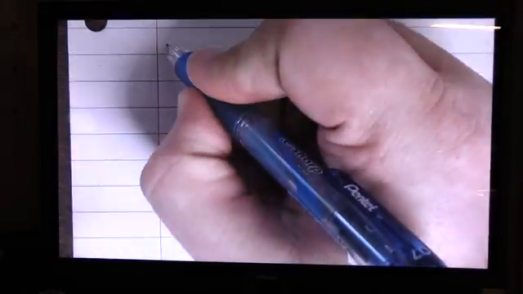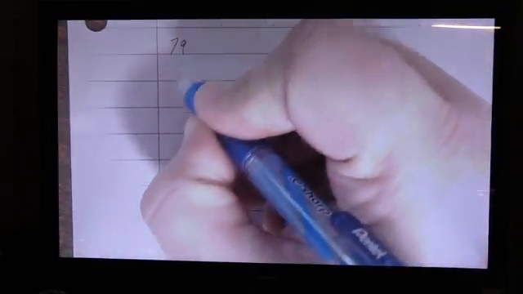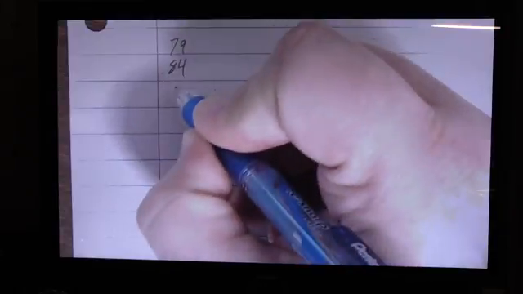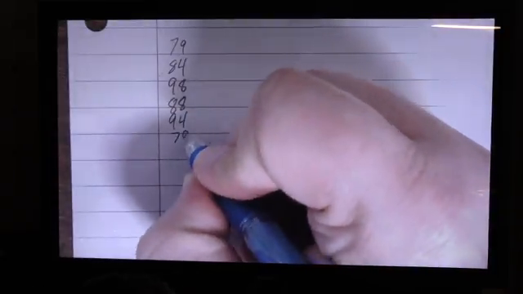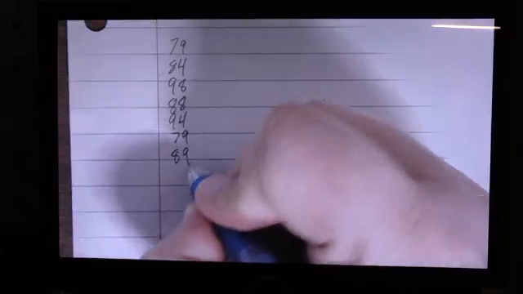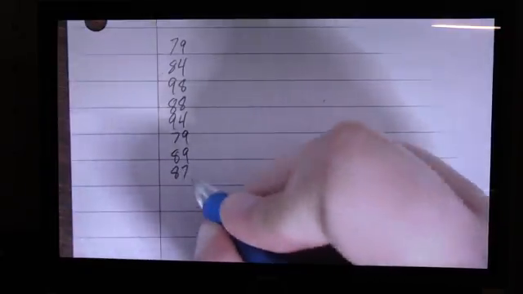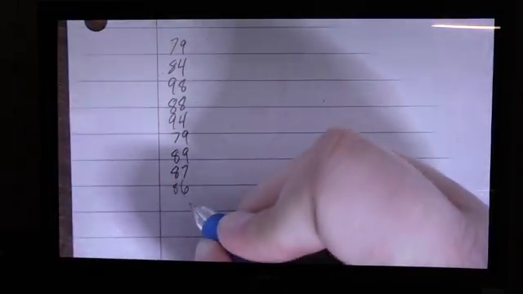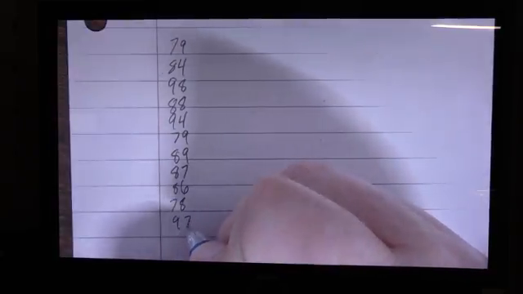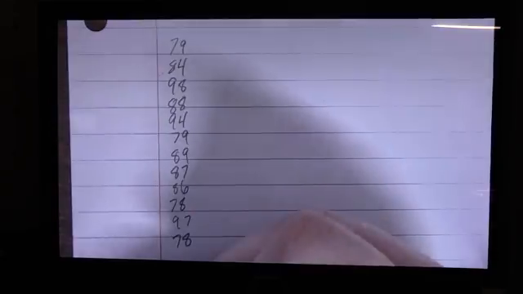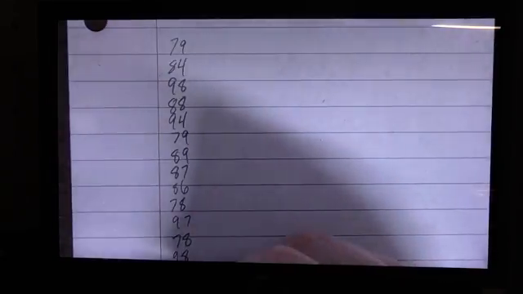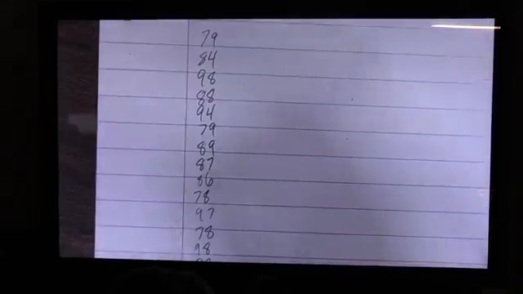And let's see, I've got 79, 84, 98, 88, 94, 79, 89, 87, 86, 78, 97, 78, 98, and 98. So I have all my values.